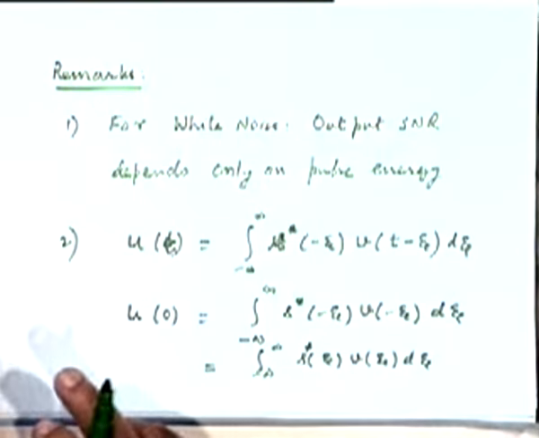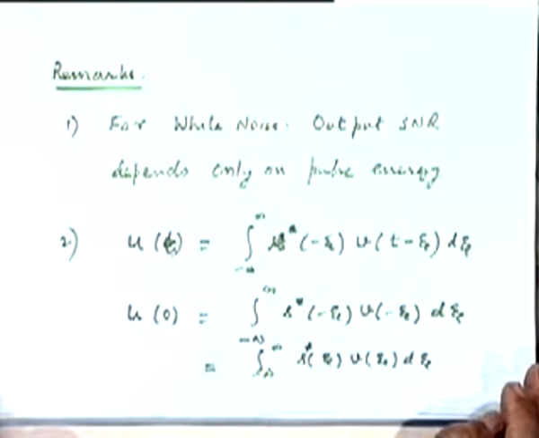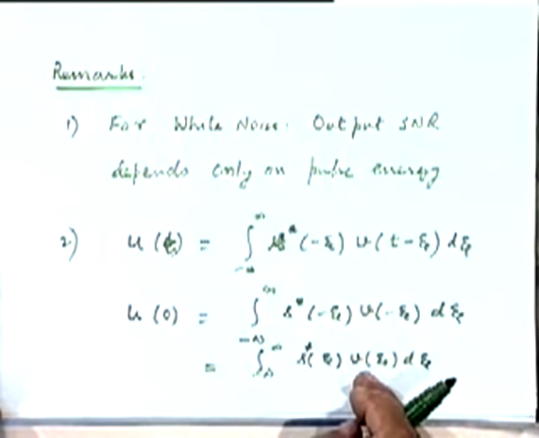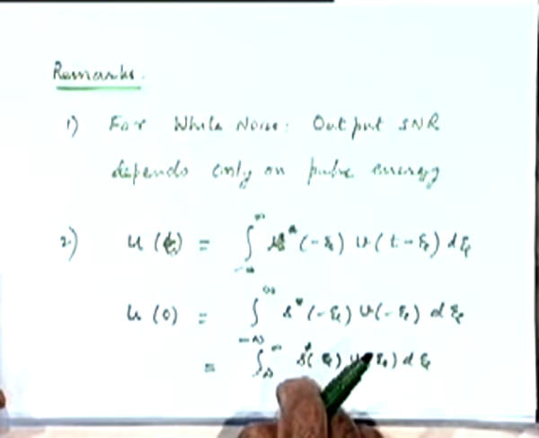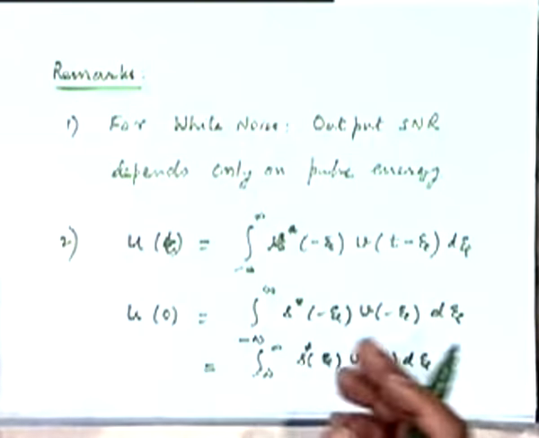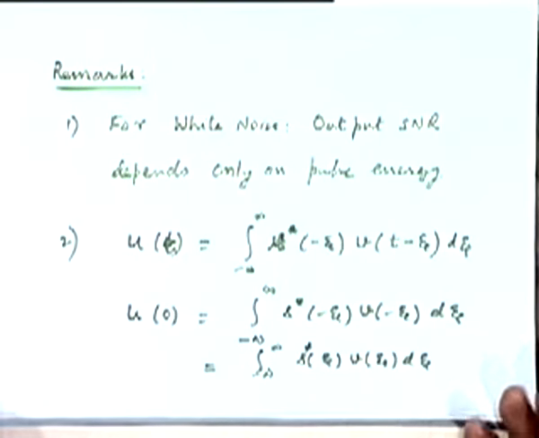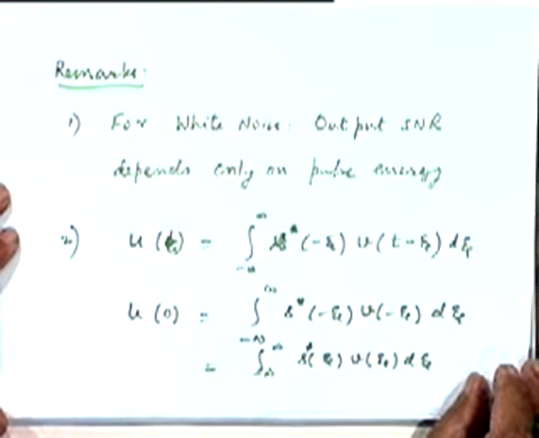So you could as well replace your matched filter for the purpose of demodulation by a suitable correlator. Is it clear? Its job will be to multiply the received signal with a local replica of the transmitted signal, and integrate over the duration, let's say between 0 to T or whatever, and then sample it at that instant. Okay, so you can replace the matched filter with a correlator. We'll talk about this point again.